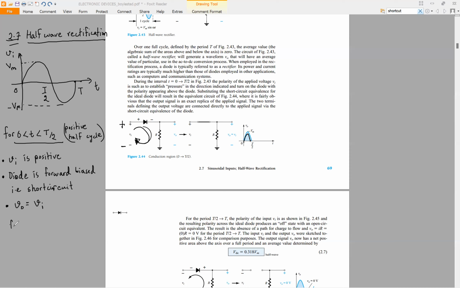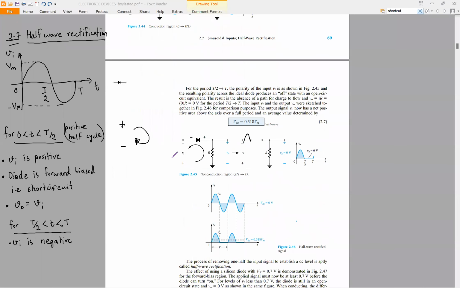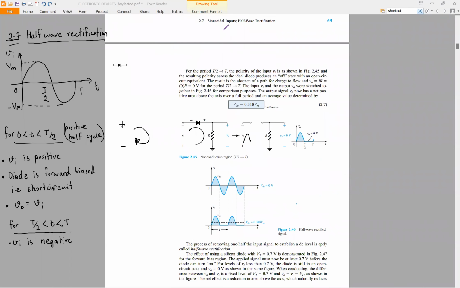So for t greater than T by 2 but less than capital T, in this region Vi is negative. So what happens to the diode? Let's look at what happens when Vi is negative.